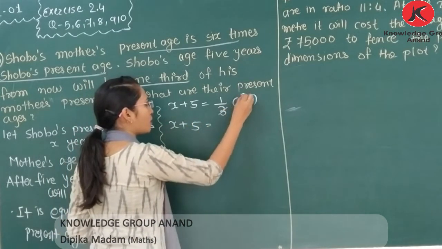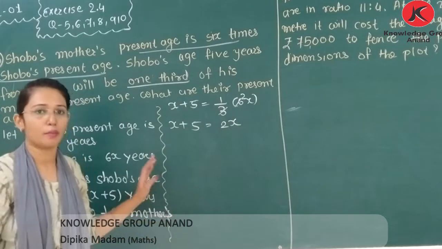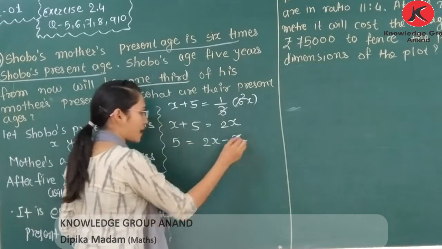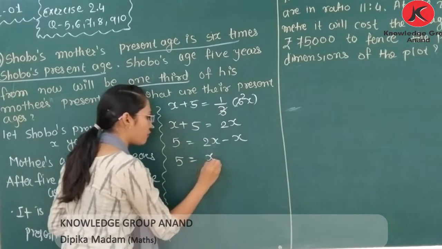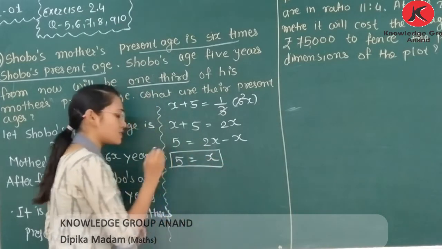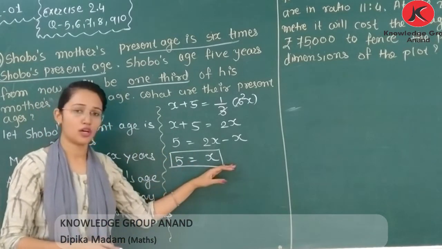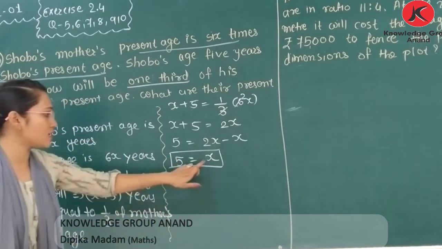You can cancel the common factor, so you will get 2x here. Now x will go to the right side, becoming minus x, 5 remains as it is. 2x minus x, so x is equal to 5. You can write x is equal to 5, or x can be on the left side and 5 on the right side. This is the same. So x is equal to 5. But what is our x?